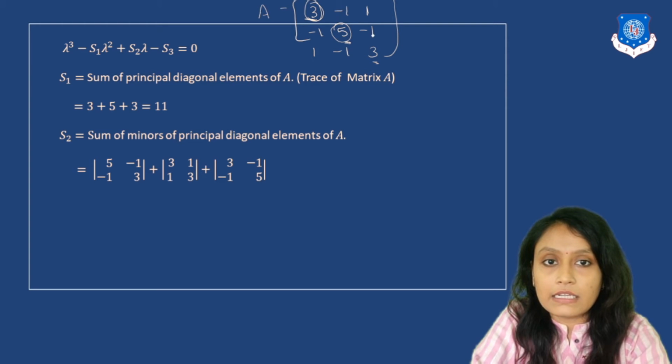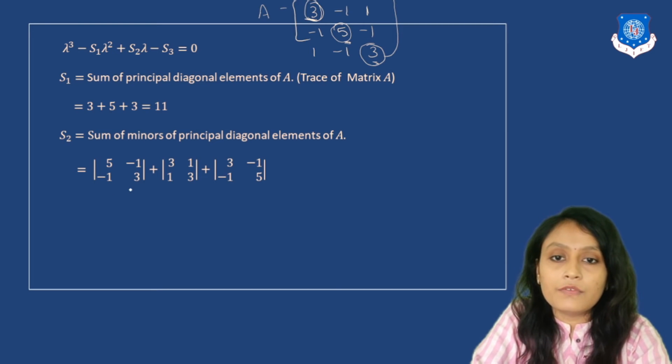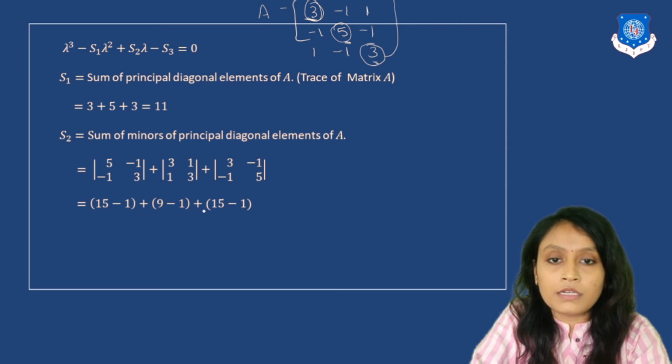We hide this row and this column, so you will get 3, 1, 1 and 3, right? Plus now the minor of this 3. We hide this row and this column, so you will get 3, minus 1, minus 1, 5. Now we solve the determinants, so you will get 15 minus 1 plus 9 minus 1 plus 15 minus 1. Simplify this, so you will get the answer of S2 as 36.